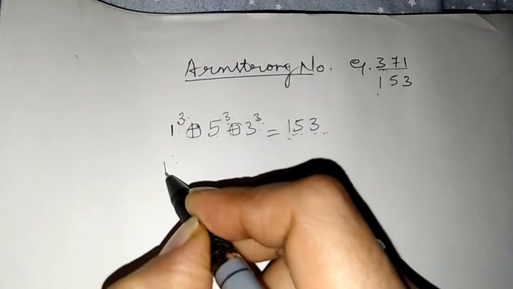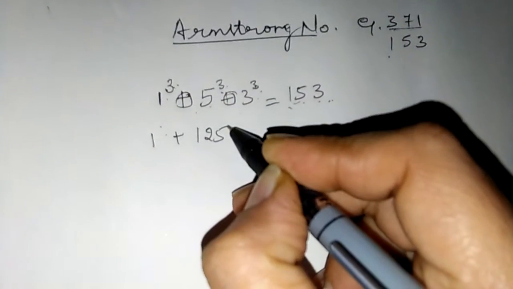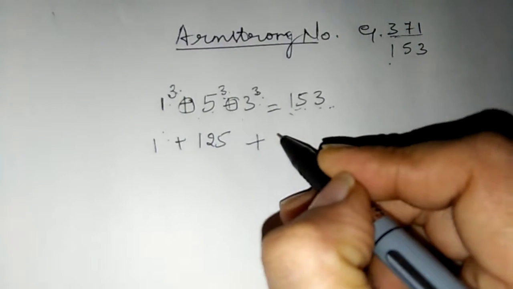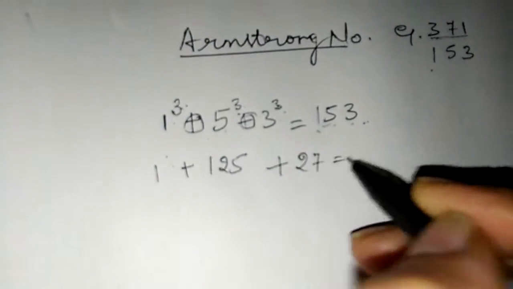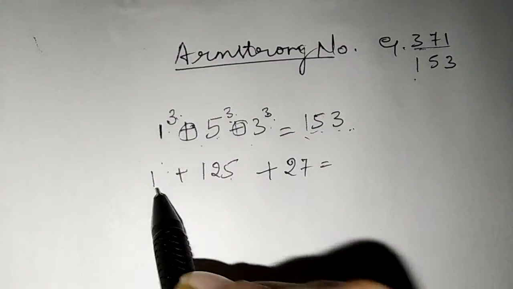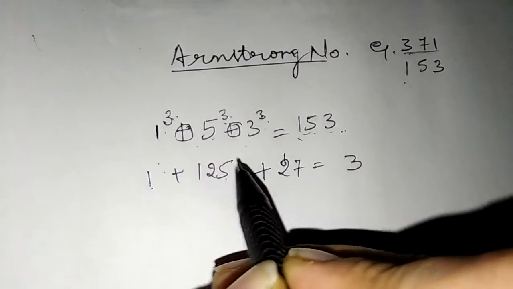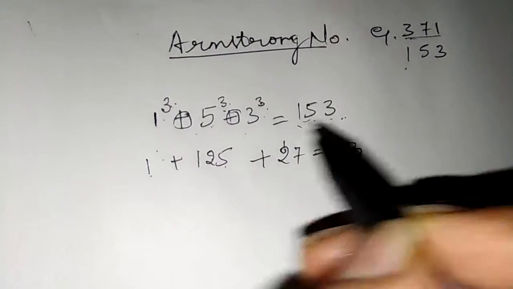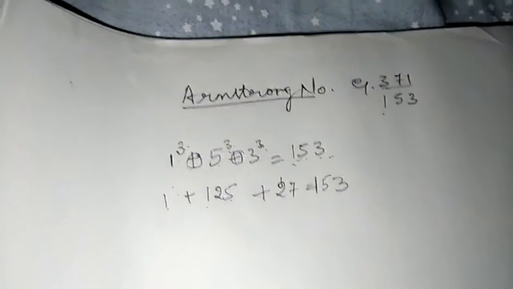So let us see. 1 cube is 1, 5 cube is 125, and 3 cube is 27. And what is the total? 7 plus 5, 12 plus 1, 13. 1 carry over. 2 plus 1, 3. 3 plus 2 is 5. And 1. Now this number is an Armstrong number.